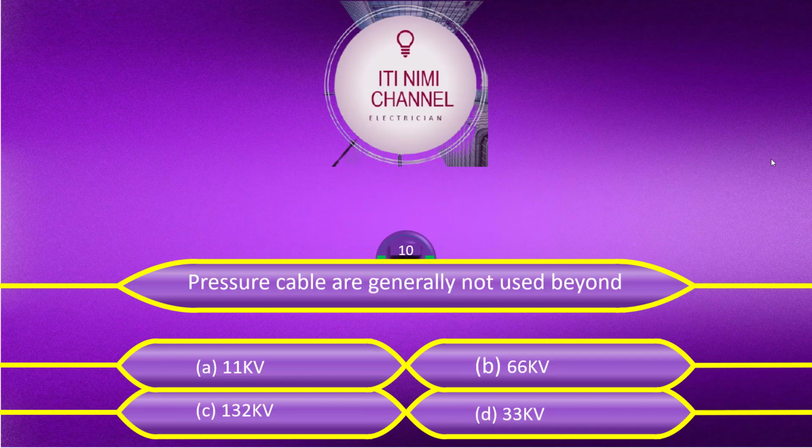Pressure cables are generally not used beyond 11 kV, 66 kV, 132 kV, 33 kV. The answer is 66 kV.